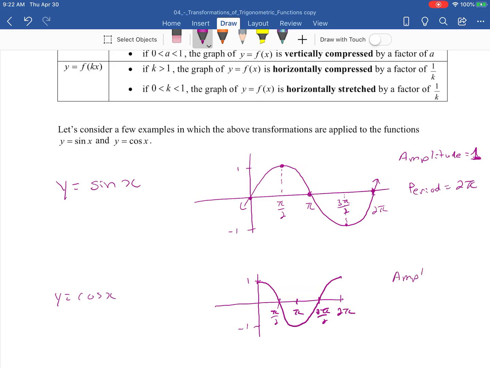Cosine starts at 1, whereas sine starts at 0, and so still the amplitude is 1, and the period is 2 pi. The period's 2 pi and the amplitude's 1 before we do any transformations, and that's the big thing that's going to change when we do these transformations.